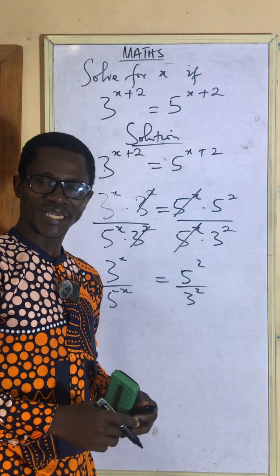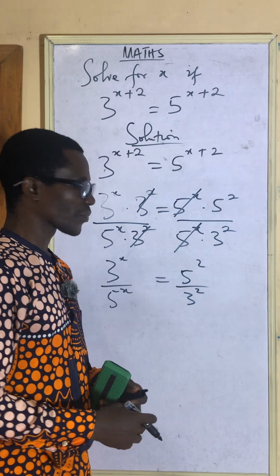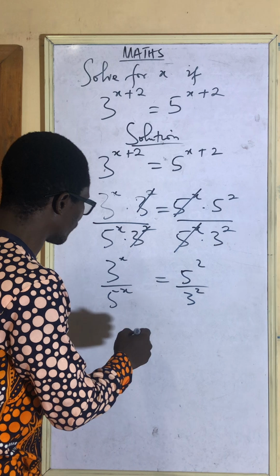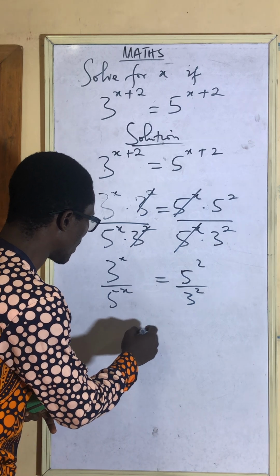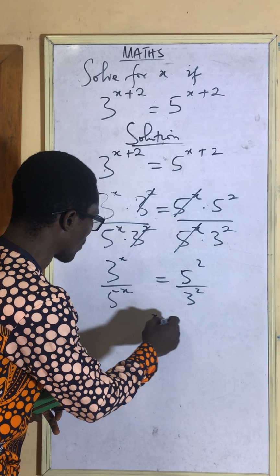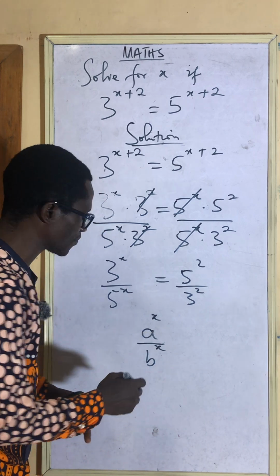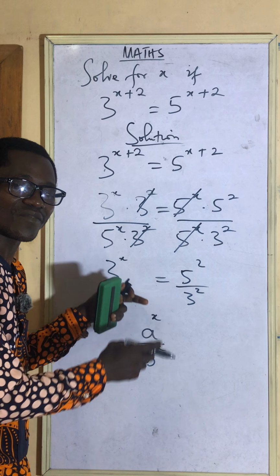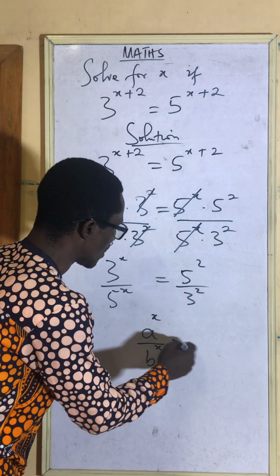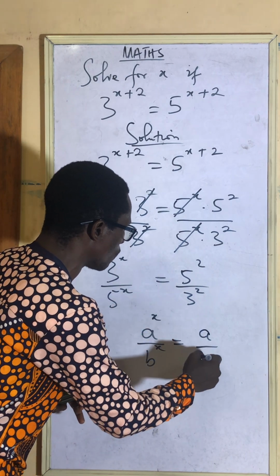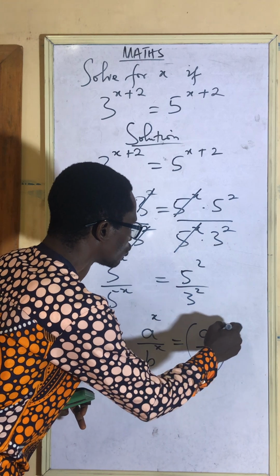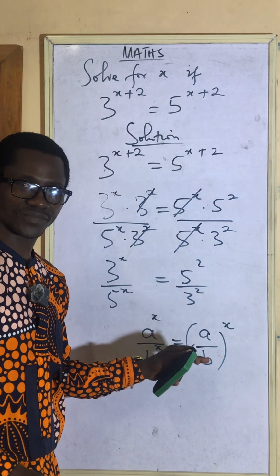There is another law of indices that says that once you have a raised to the power of x over b raised to the power of x, because they have the same power, it is going to be a over b all raised to the power of x.